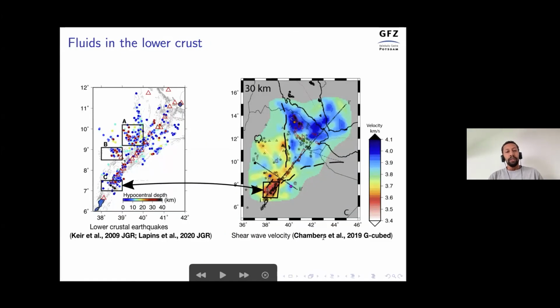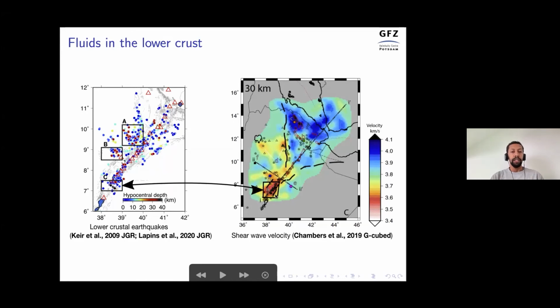So what we did was we tried to see the geophysical observation from the shear wave velocity. This is the area where we have lower crustal seismicity and there is very low shear wave velocity. This is interpreted as accumulation of fluid at that particular depth. So if that is the case, we expect very high pore fluid pressure.